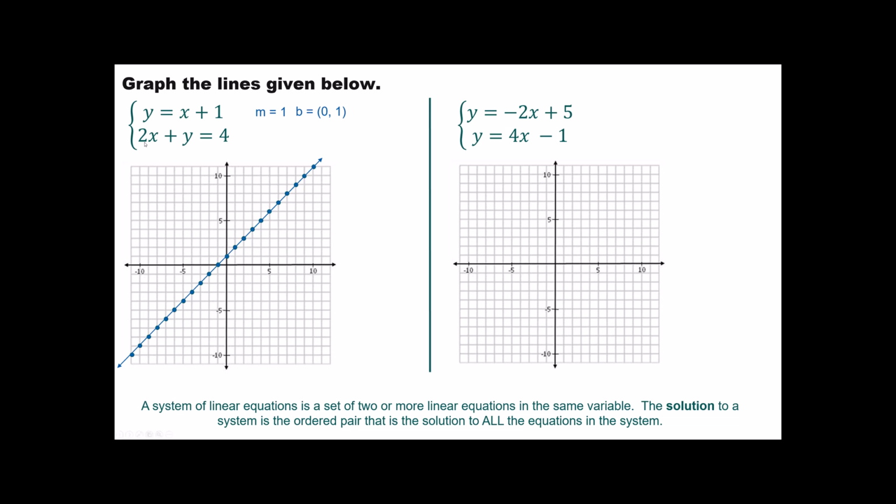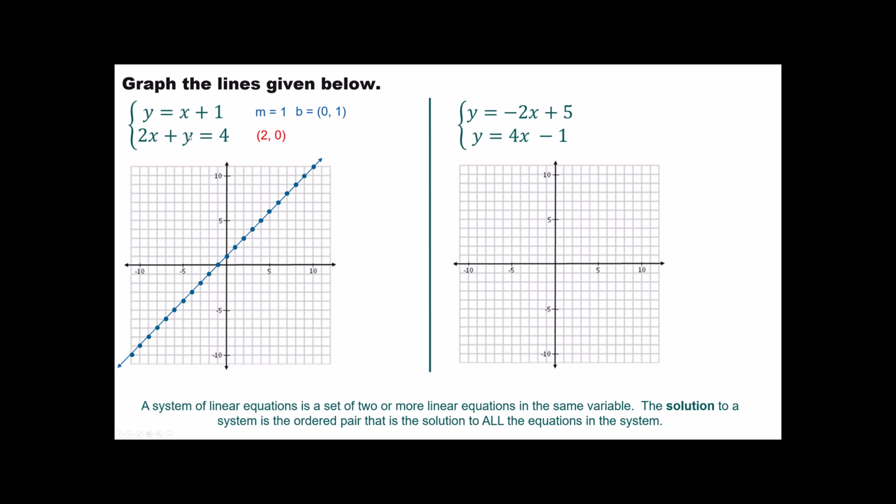Let's go ahead and graph this second equation, 2x plus y equals 4. I notice that this is in standard form, ax plus by equals c. I do have the option of putting that in slope-intercept form if I wish, or I can graph it using intercepts. I think I'll do the latter. When we graph by intercepts, we say if I put a 0 in for the y, what would that be?